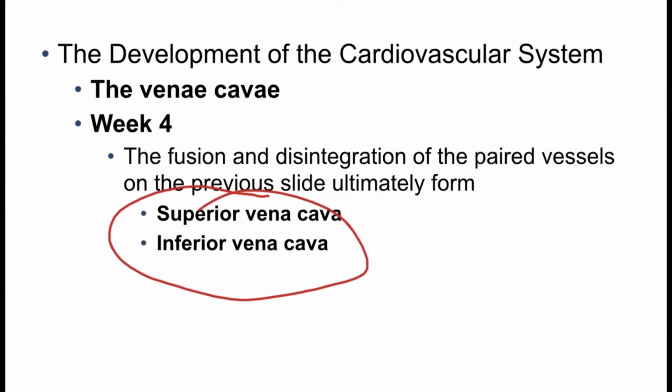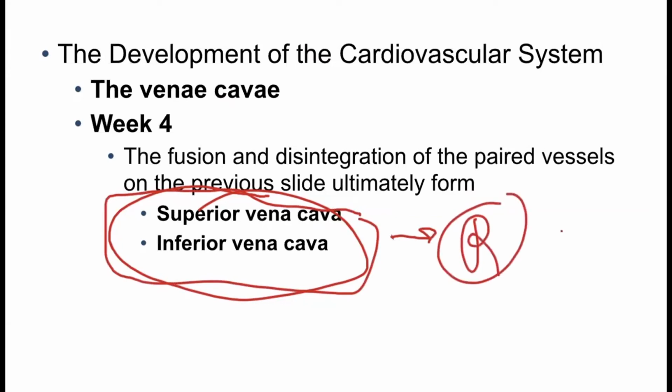A true-false question most students miss on your boards will say the superior vena cava dumps blood into the right atrium, and the inferior vena cava dumps blood into the left atrium. That's a false statement. Both these veins dump into the right atrium. And then blood is pushed out.